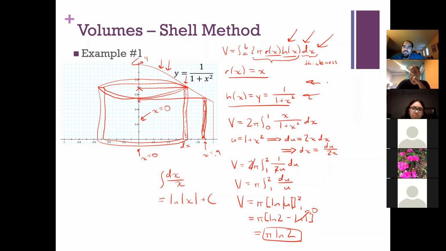We represent dimensions with respect to x. Because understanding that you need the radius and the height is very important, but it's not useful in terms of the integral until you can translate those to whatever your independent variable is.